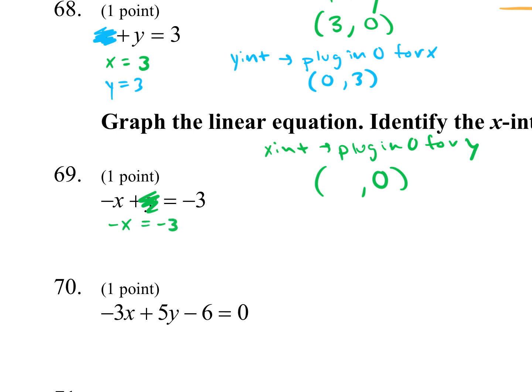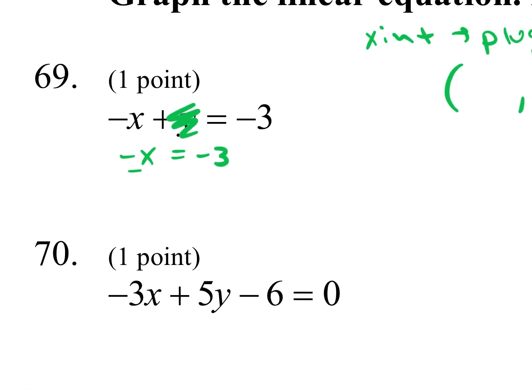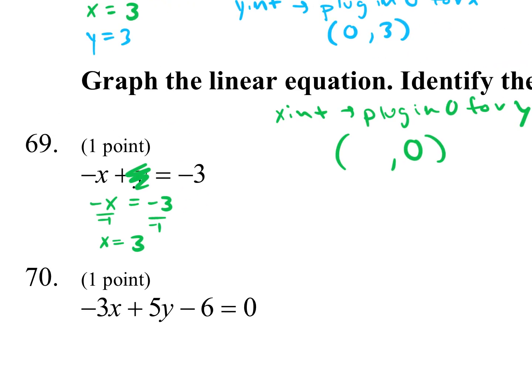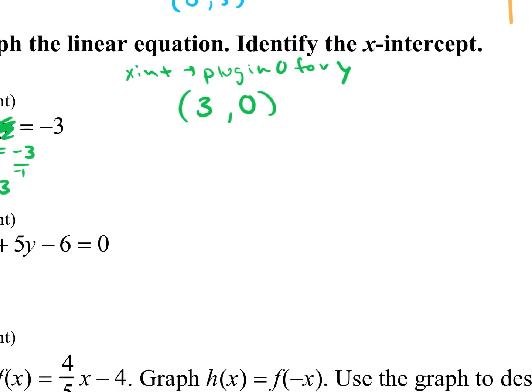So what does x equal? 3. Awesome. I divide both sides by negative 1 to get rid of that negative on the x. So x is equal to 3. So I have a point at 3, 0. So I cross the x-axis because it's my x-intercept at 3. So I'd have a point there.